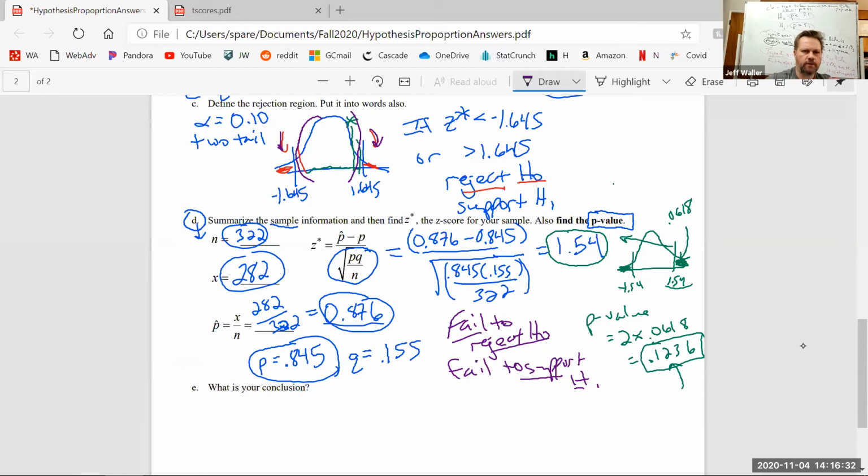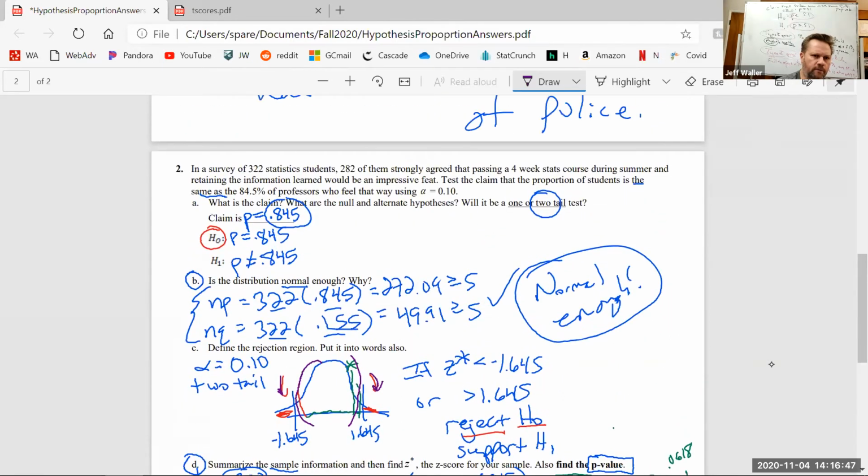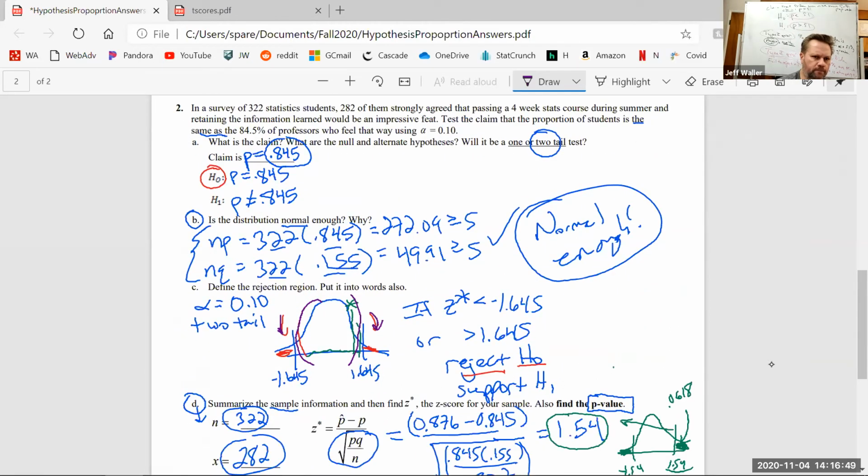So now is when you let go of everything you just did. You've got to see which one of these is going to help answer the question here. Which one was my claim? The H0 or the H1? H0.